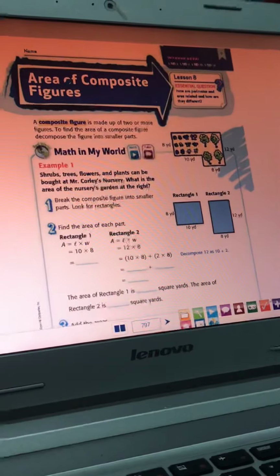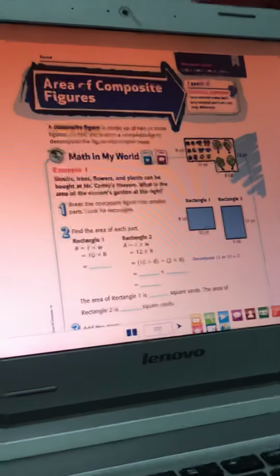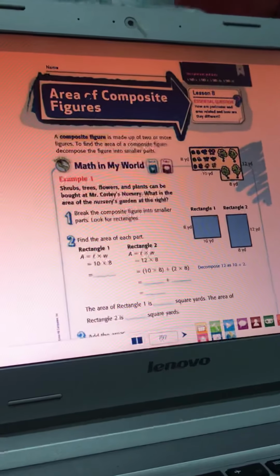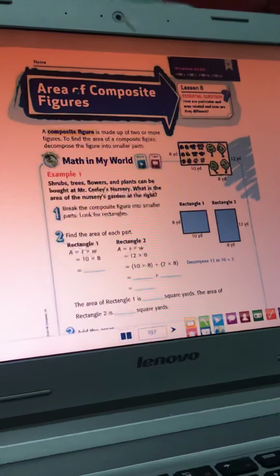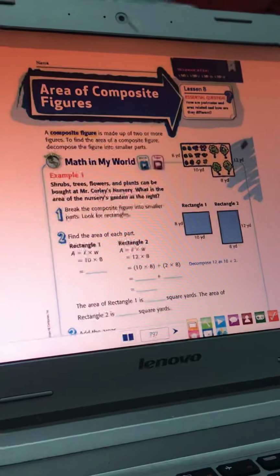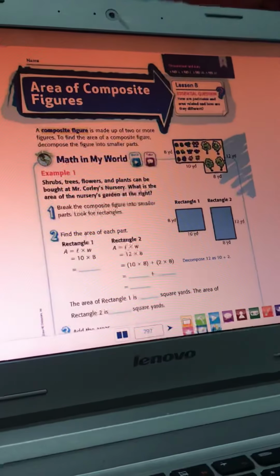As we all know, yesterday the topic was about area of rectangles, wherein we multiply the length and the width. So today we will be having not just one figure but two figures in one shape. That's why we call it composite figures.